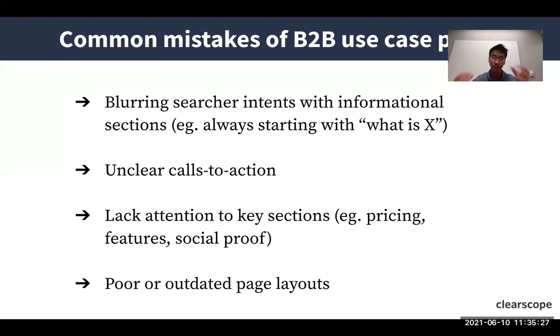There are things that you can do to blend together search intent in a meaningful way, but we just see too many people put, you can imagine, like 10 sentences of what is ALPR software on their use case page, and it's really not doing them that much good because the user presumably is there to learn why you're better than the competition. Unclear calls to action, right? People don't know the next step to take. Lack of attention to key sections like features, not having social proof.